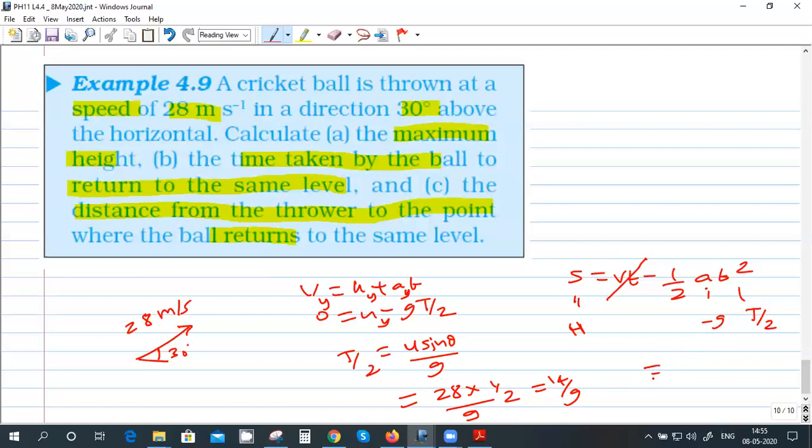Here there is one minus, and this will cancel this minus. So it is half g into T by 2, which is 14 by g, squared. So it is half into 14 square by g. That is the maximum height.